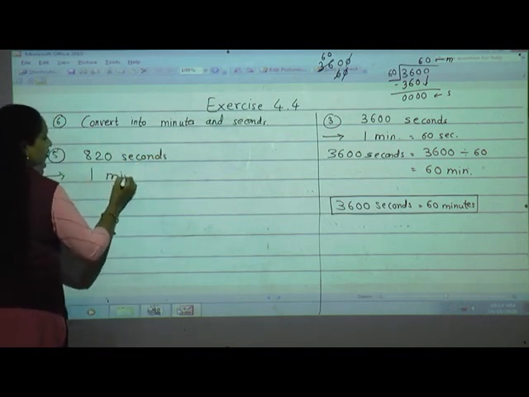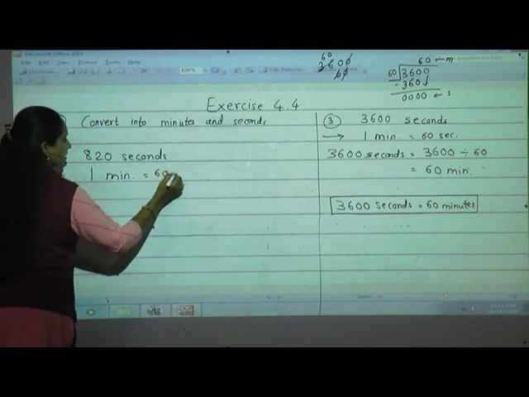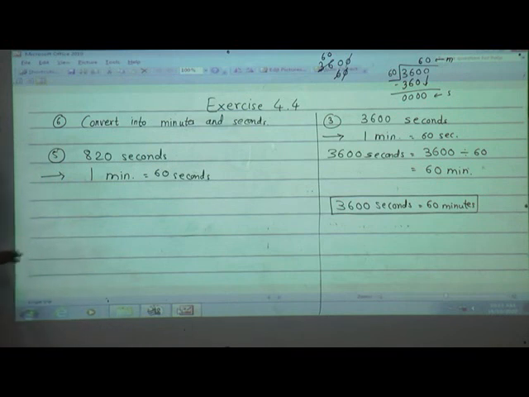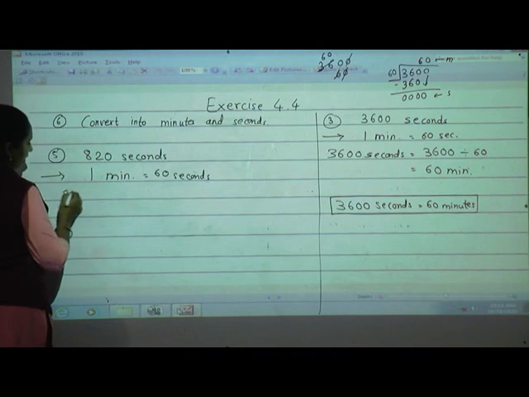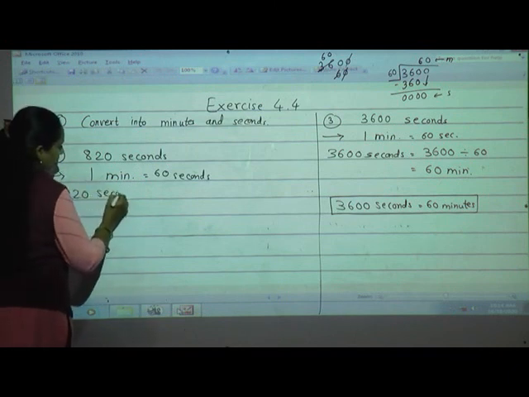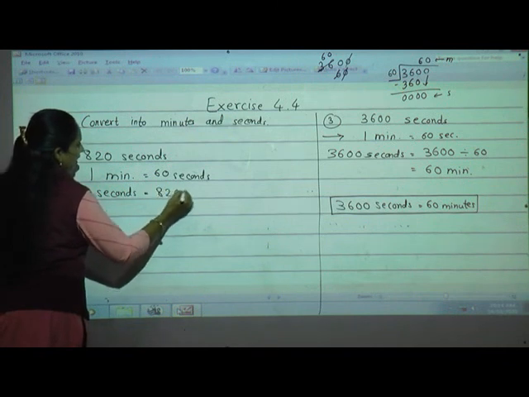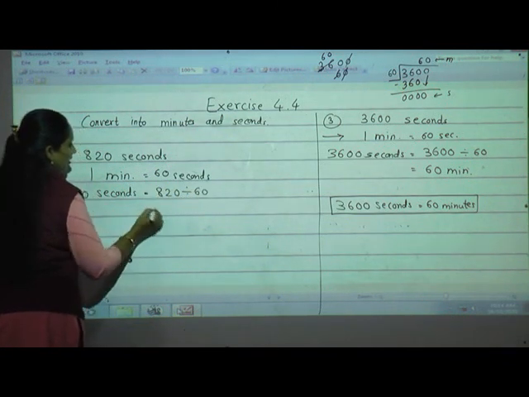One minute is equals to 60 seconds. So when you want to convert seconds into minute, we have to divide by 60. So 820 seconds is equals to 820 divided by 60.